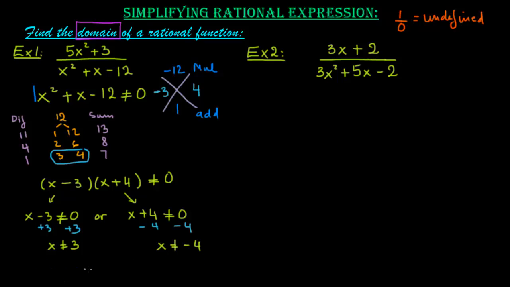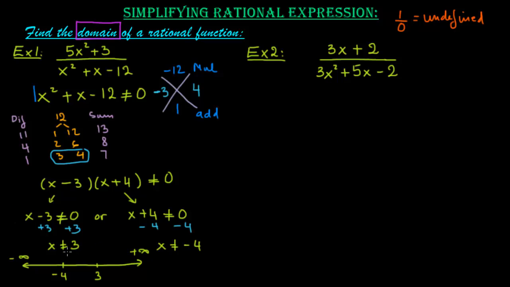To write the answer in interval notation, we need to put both solutions on the number line. So I will draw a number line from negative infinity to positive infinity. We have two solutions, 3 and negative 4. So mark two points, negative 4 and then 3.